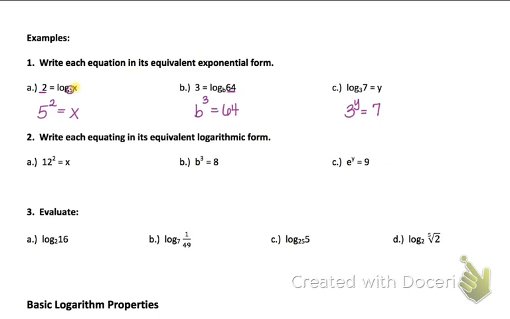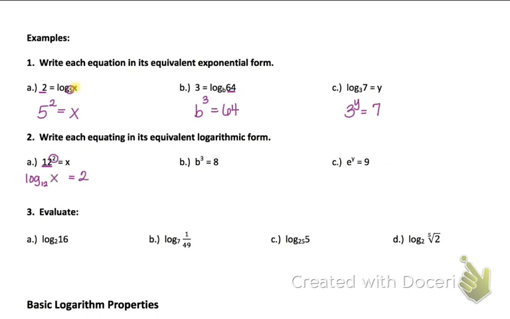We can do this in reverse as well. We can take each of these exponential functions and write them as a logarithm. So again, start with your base. The base is 12. So I'm going to say the log base 12 of, I'm not sure yet, but I do know that a log has to equal an exponent so that the 2 is going to go over here.